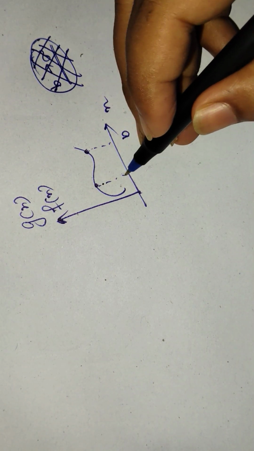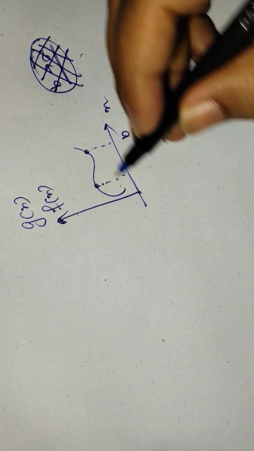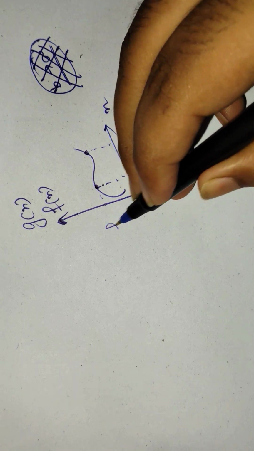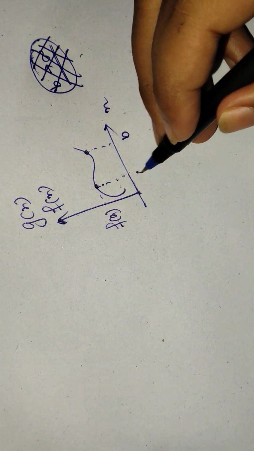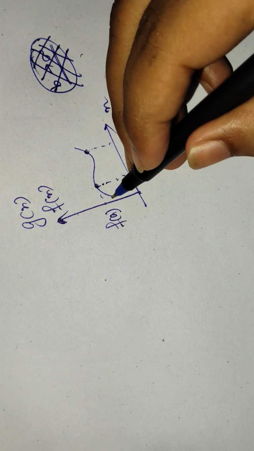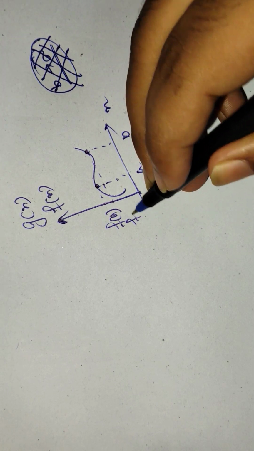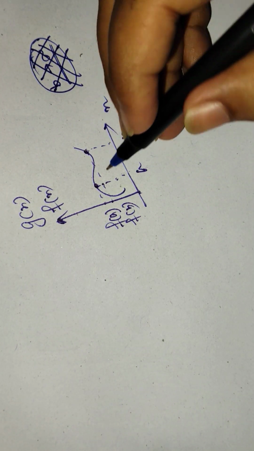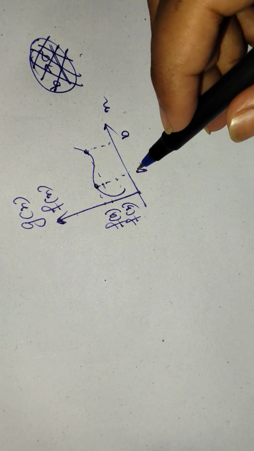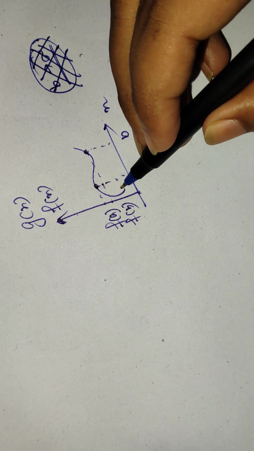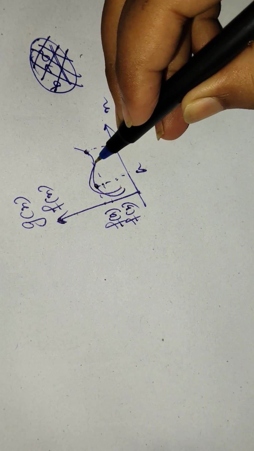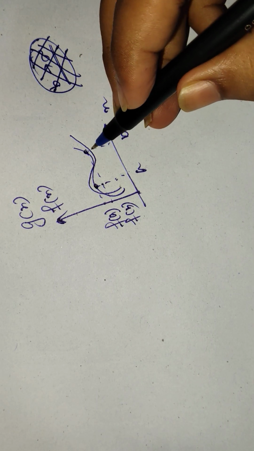Just understand, this is, let's say, fx, specifically fa, and this is, let's say, fb. Now let's say the graph of gx is something that you can see.